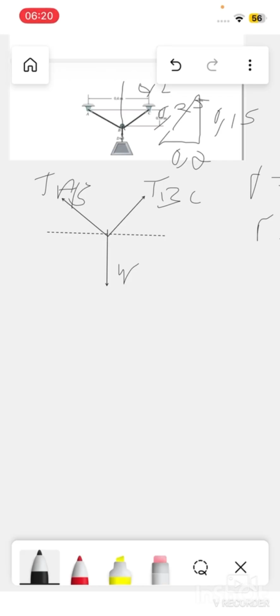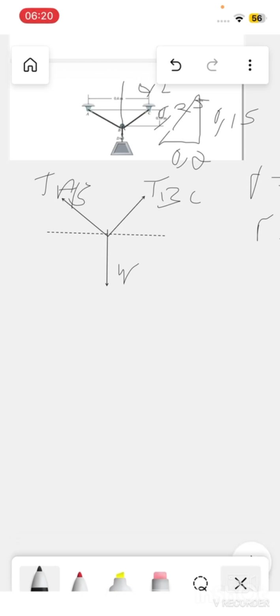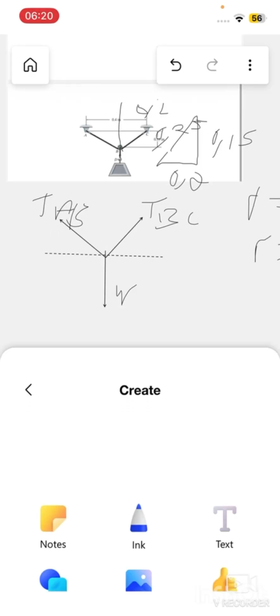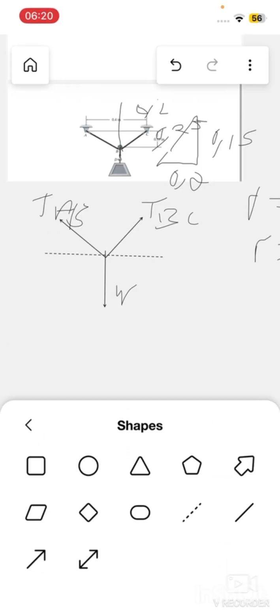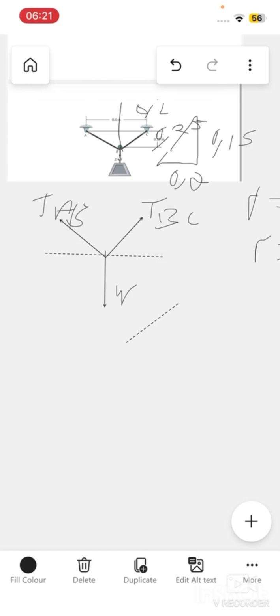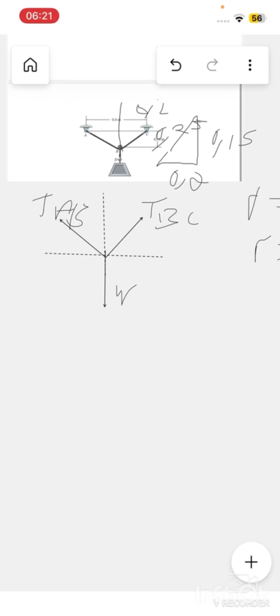Therefore, here this is the component of T. We need another component.